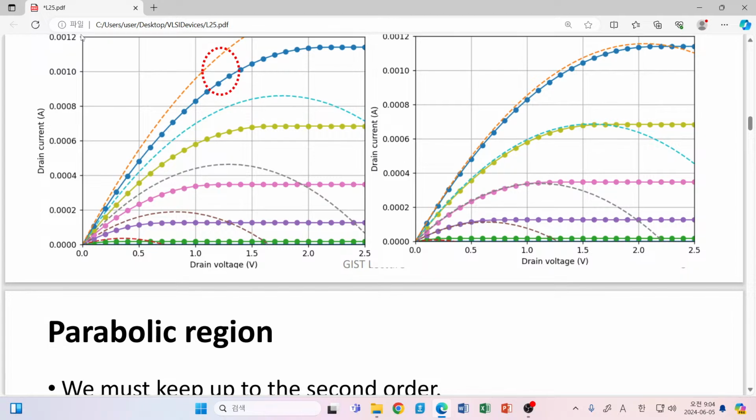It was because we made an assumption that surface potential is just fixed to 2 times phi B, which slightly underestimated the surface potential, because our inversion layer itself consumes a small portion of electrostatic potential.